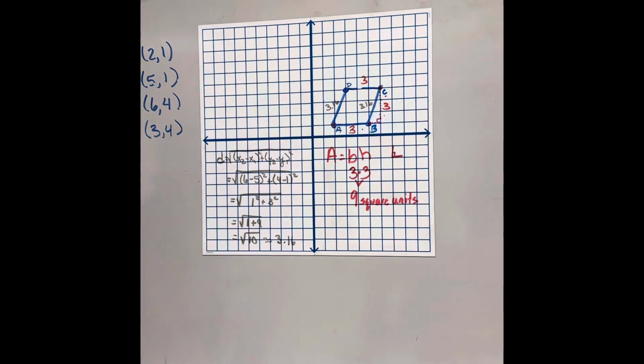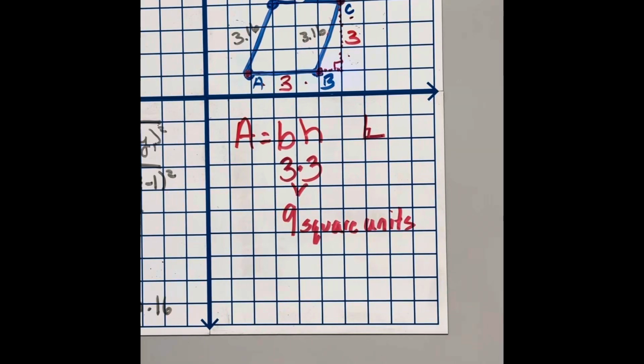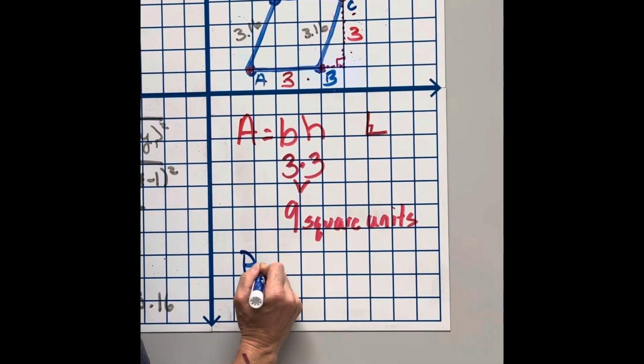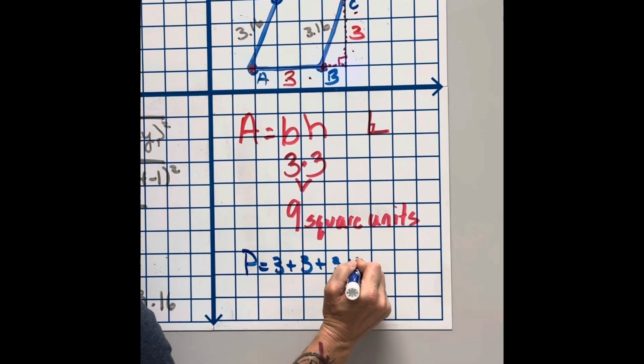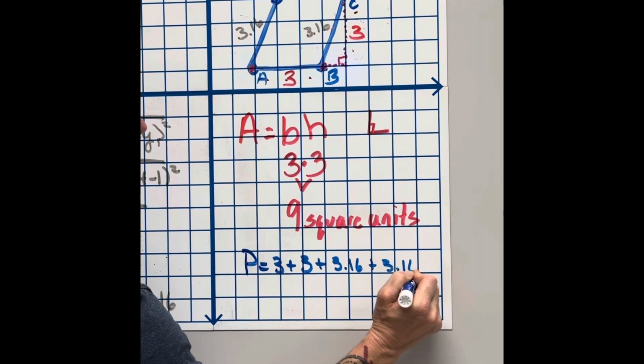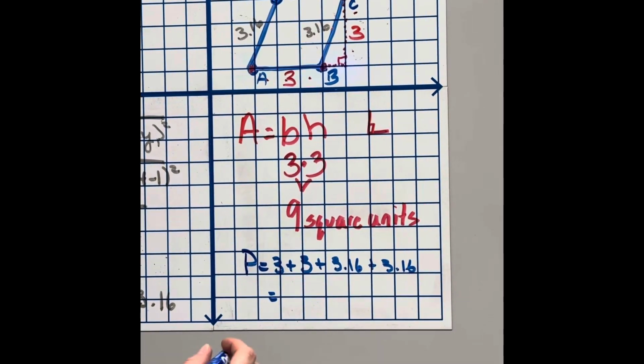So to find the perimeter, we add all our sides together: 3 plus 3 plus 3.16 plus 3.16, and we get a perimeter of approximately 12.32 units.